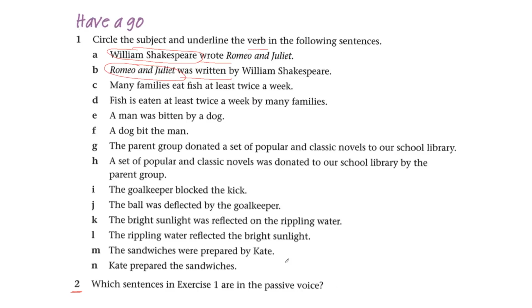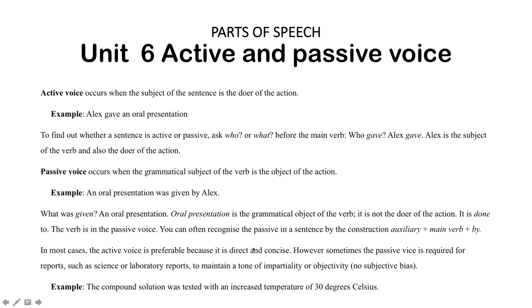And it wants us to really look at which ones are in passive voice. So don't forget, we've got to go back to our previous slide perhaps. Passive voice occurs when the subject of the verb is the object of the action. So it's almost like the person performing the action comes after the verb.